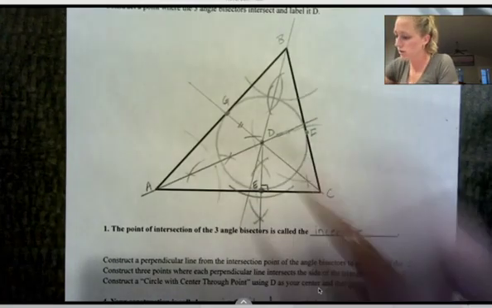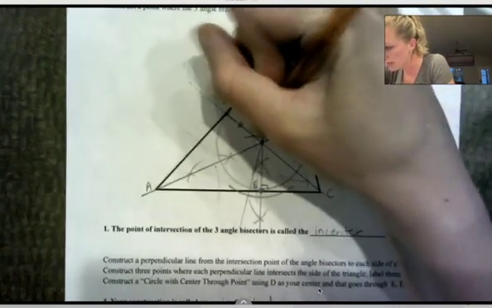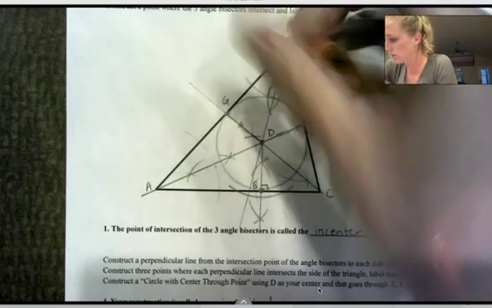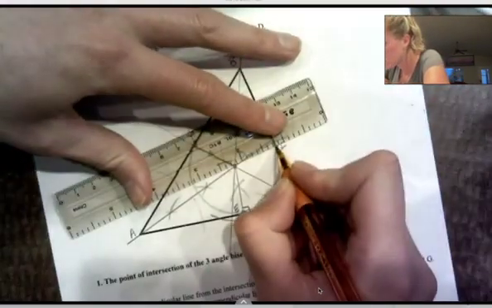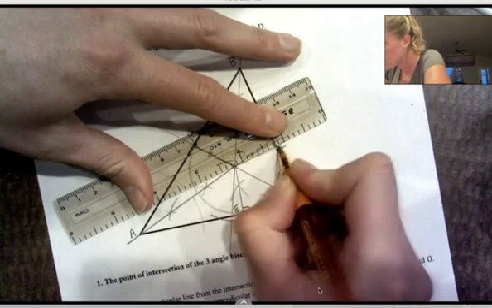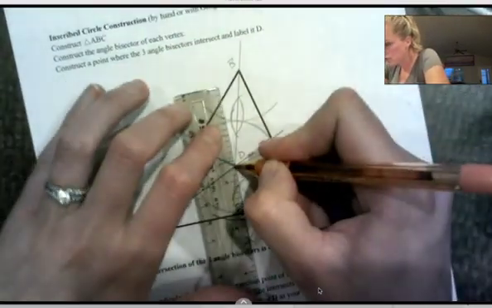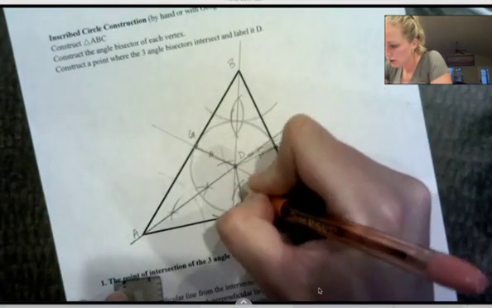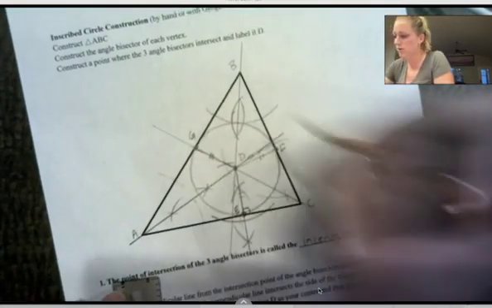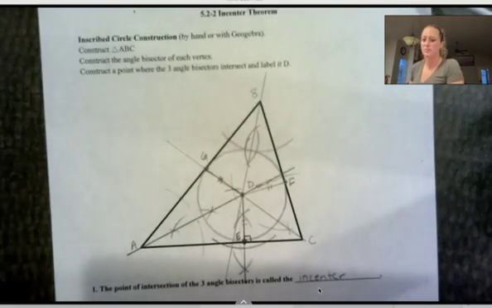Maybe I should do color again. This one just happened to line up with that perpendicular bisector, that's why that one's funky. This one is from D to F, and D to E, we constructed that one, so that one's in there. But those are all congruent to each other, okay?